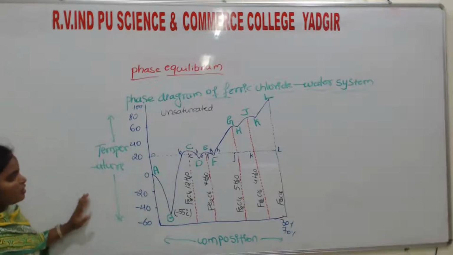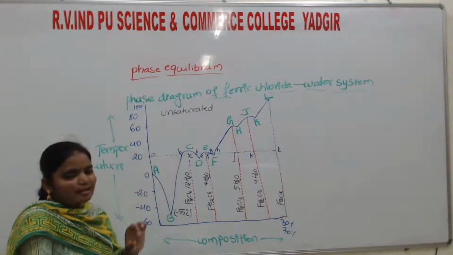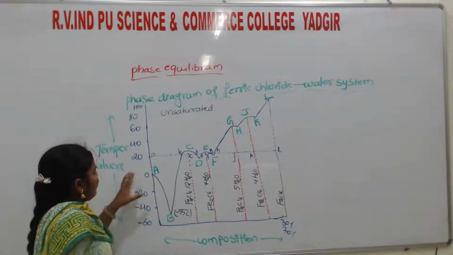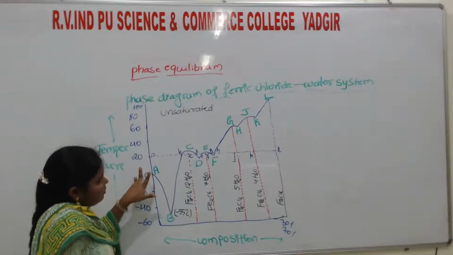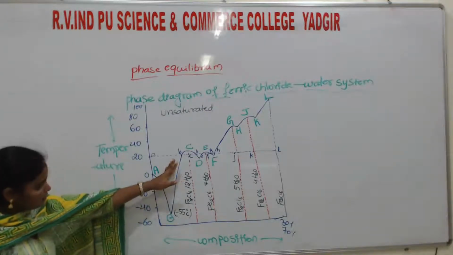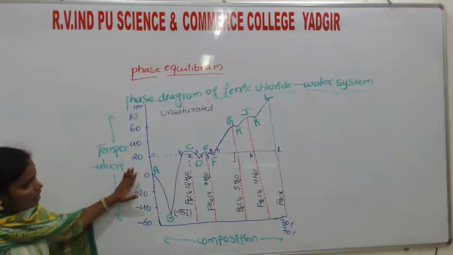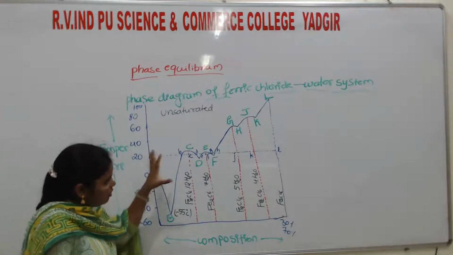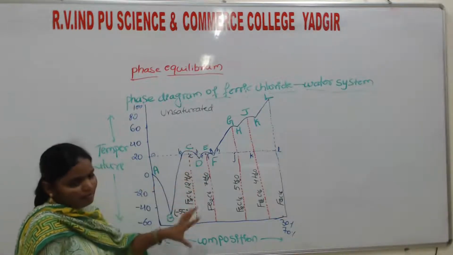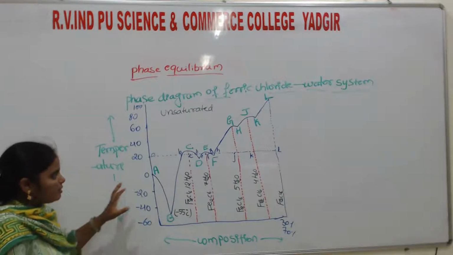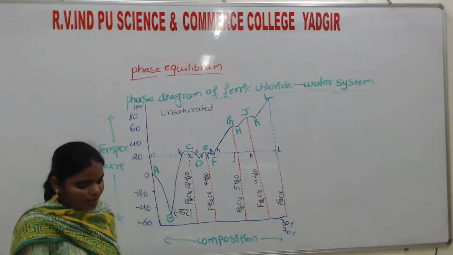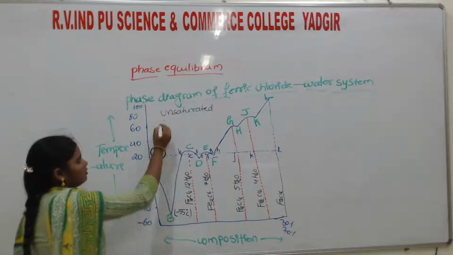In our examination, draw a neat labeled diagram. To draw a neat diagram, you get some marks, and if you give an explanation according to this diagram, you get full marks. Okay, unsaturated solution.